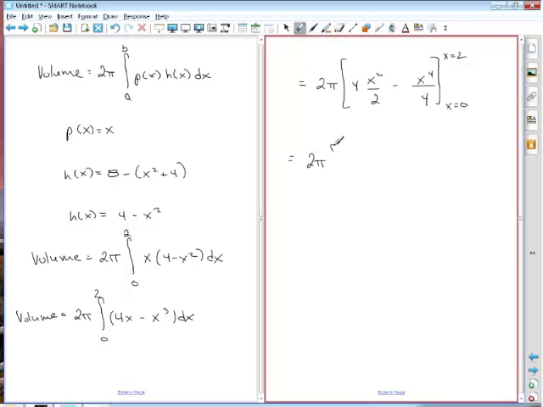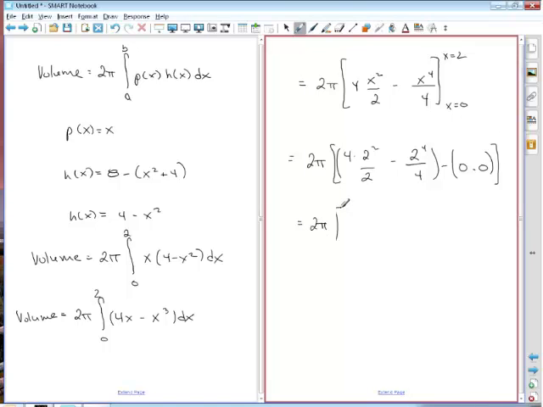So we have 2 pi times 4 times 2 squared divided by 2 minus 2 to the 4th over 4. That's the upper limit. And we subtract the lower limit, which is going to be 0 minus 0, which is 0.